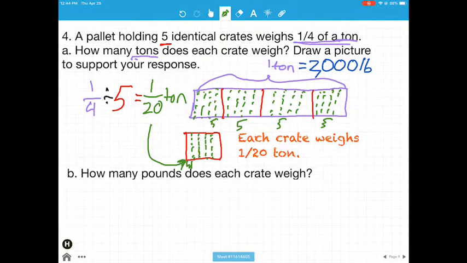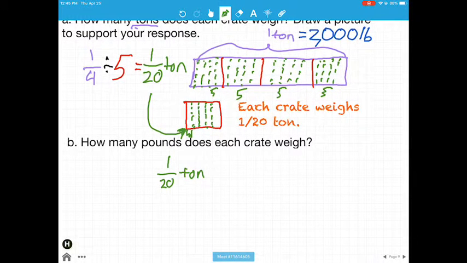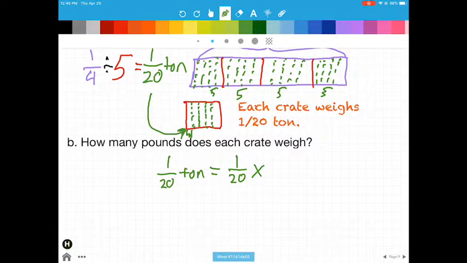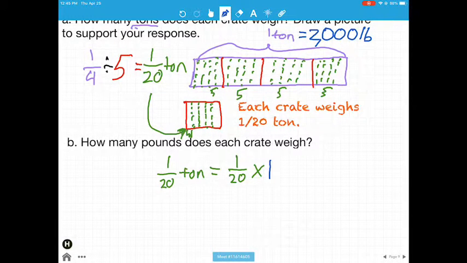So now we have our answer. How many pounds does each crate weigh? We know that it's 1/20th of a ton, which is also equal to 1/20th times 1 ton. Now what we're going to do, let me change this a little bit. We're going to change the 1 ton to 2,000 pounds because they're the same.